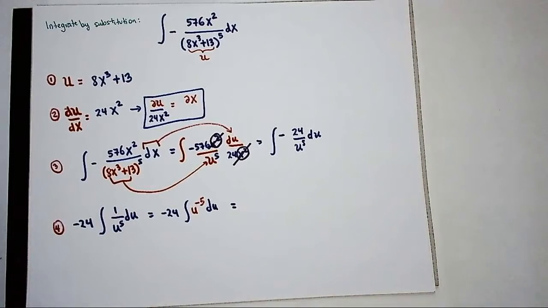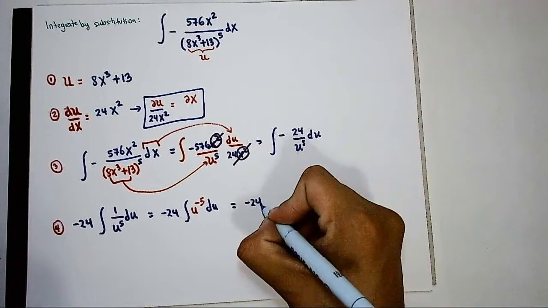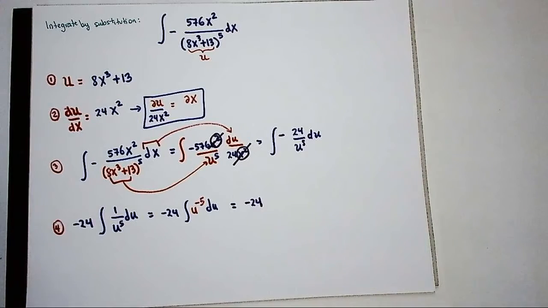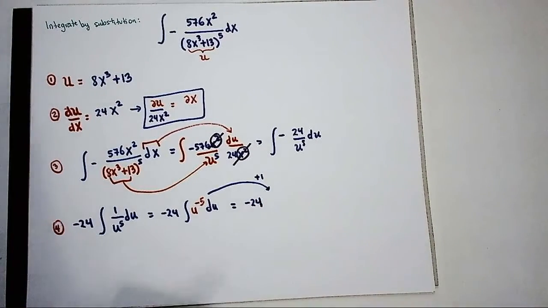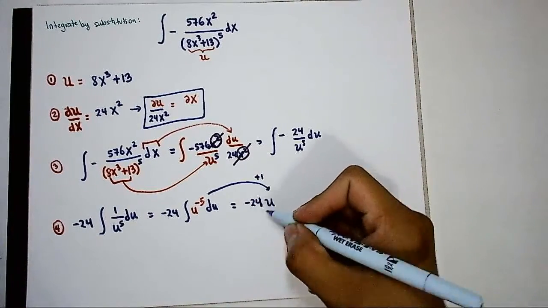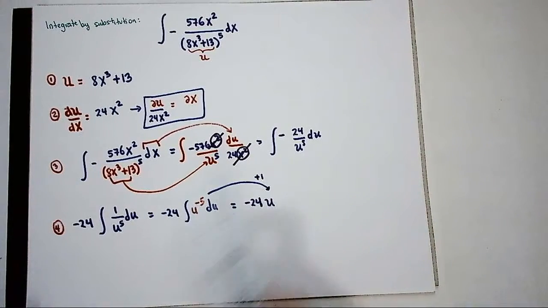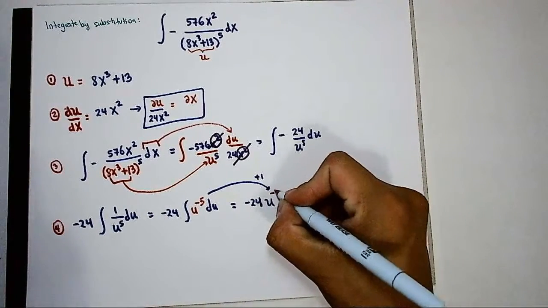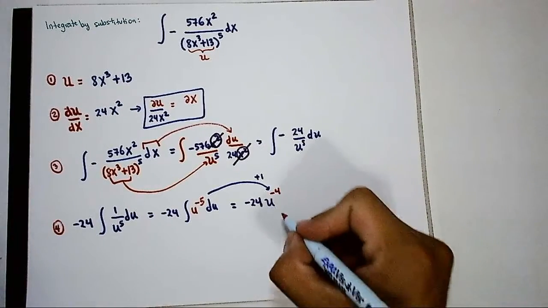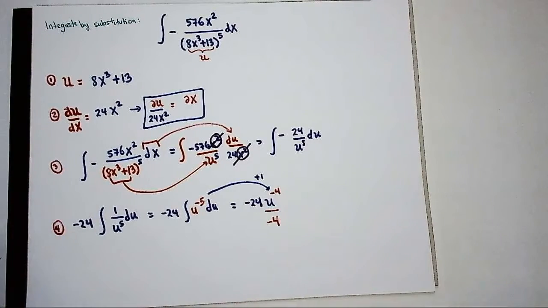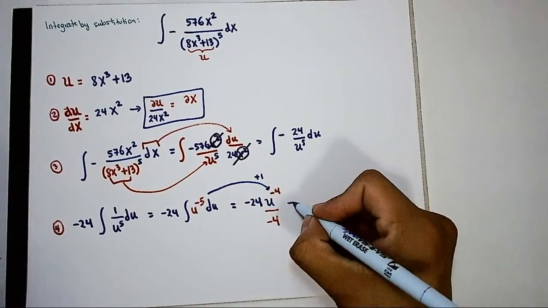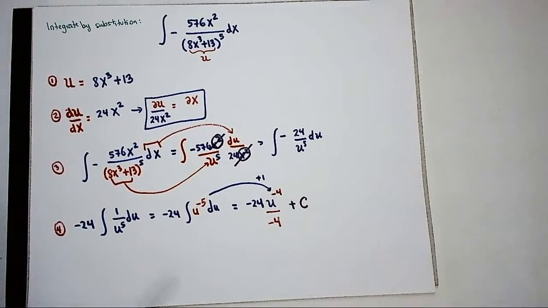Now let's integrate. Here we need to add 1 unit to the exponent. Minus 5 plus 1 is minus 4, which means that we will also divide by minus 4 plus the constant, because this is an indefinite integral.